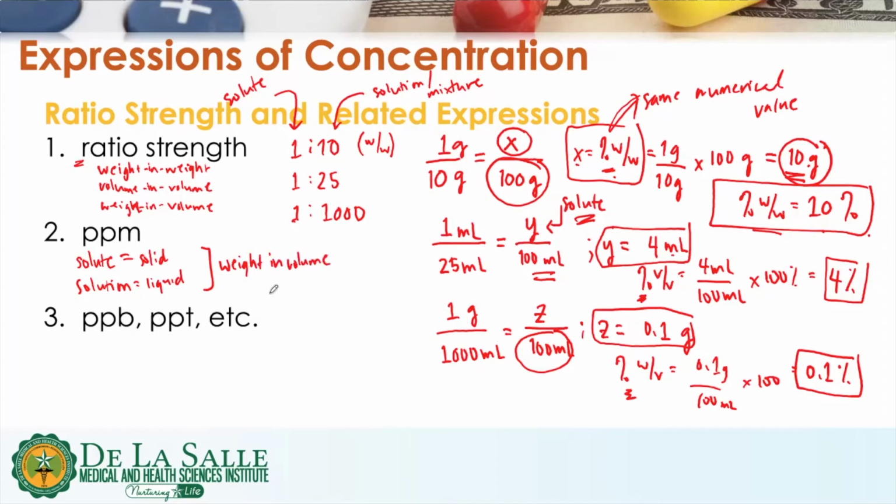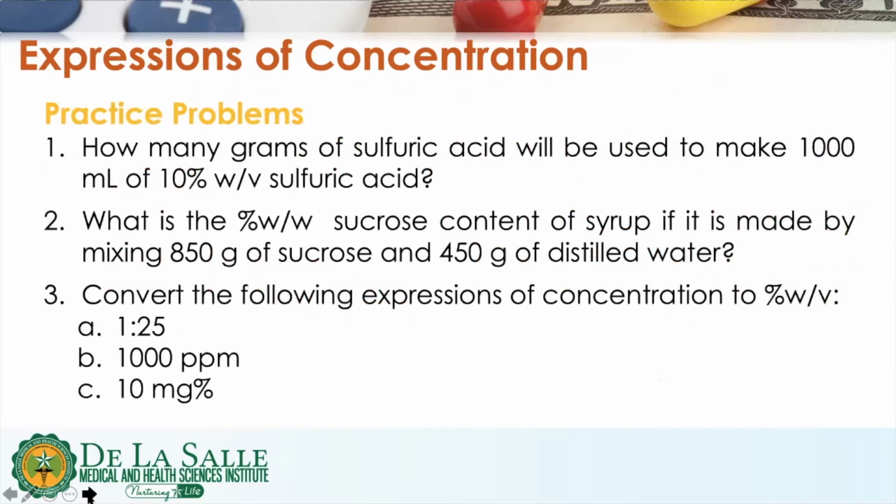So, 1 part per million means there is 1 part, usually in grams, of the solute per 1 million parts of the solution. The parts of the solution are expressed in milliliters. Now, let us illustrate how to interconvert these different expressions of concentration using the following exercises.